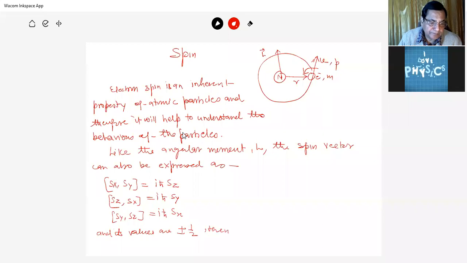Then the operator should satisfy Sx square plus Sy square plus Sz square is equal to ħ square by 4.